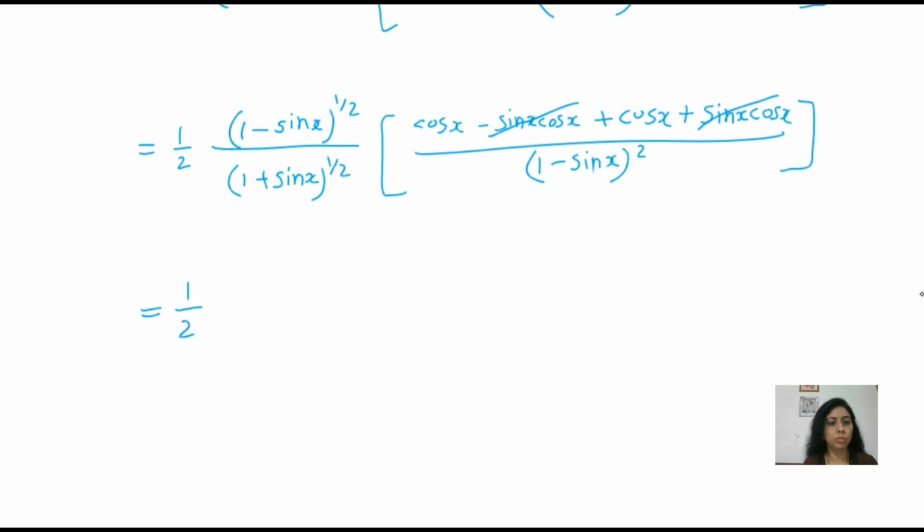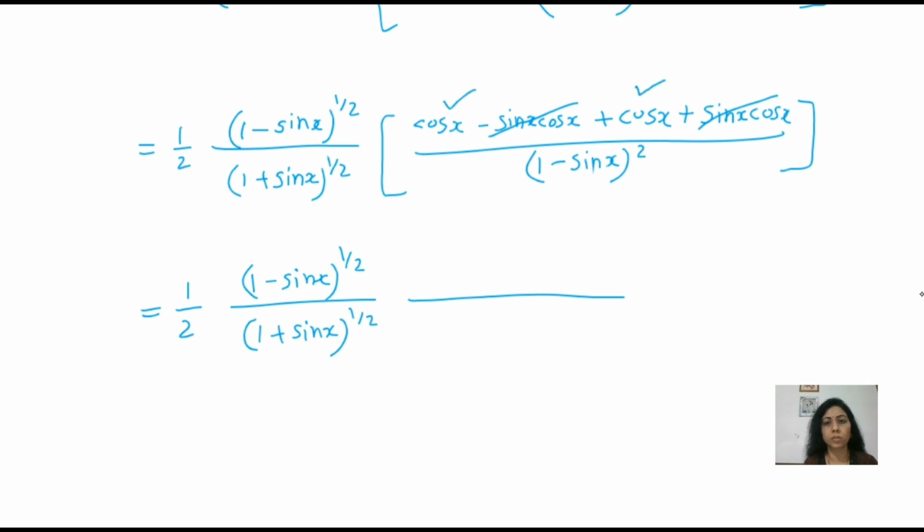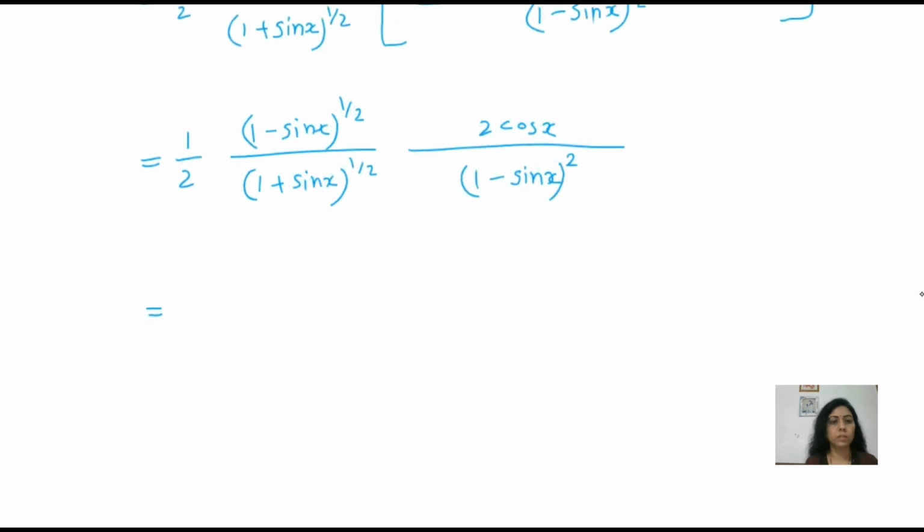1/2, here (1 minus sin x) to the power 1/2, (1 plus sin x) to the power 1/2, and here this cos x and this cos x make 2 cos x, (1 minus sin x) to the power 2. This 2 cancels with this 2, and 1 minus sin x, 1 minus sin x, same thing, the bases are the same.